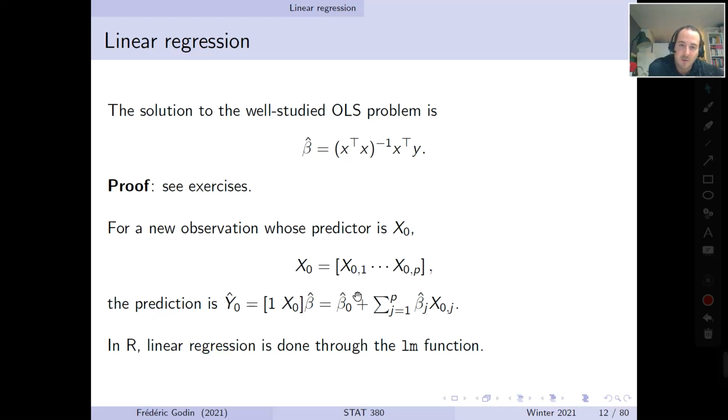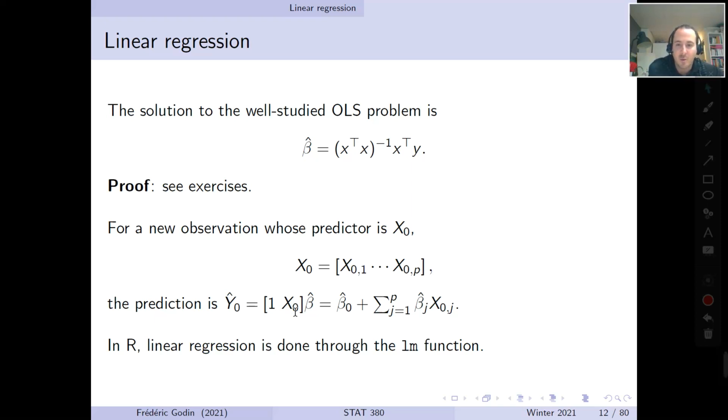The prediction here would be the intercept hat plus the linear combination of estimated slopes times each predictor of x0. And this summation can be written as the following matrix product.